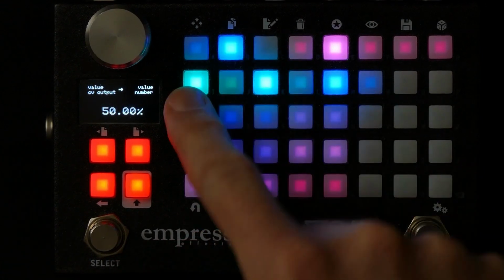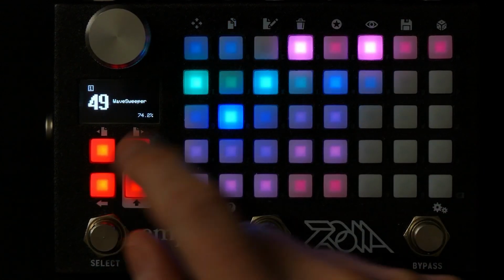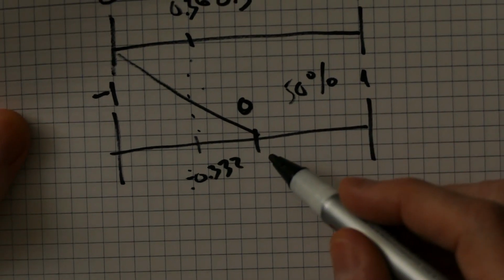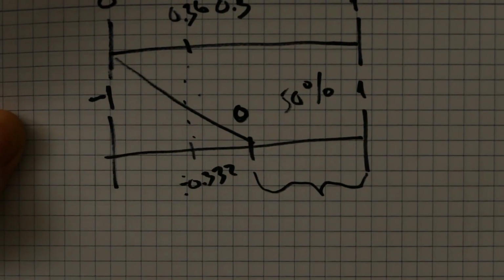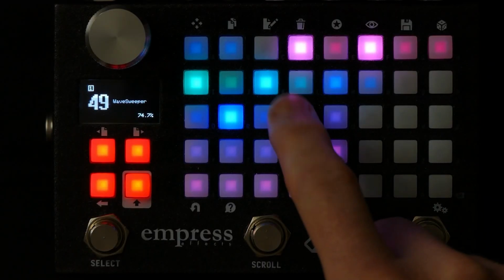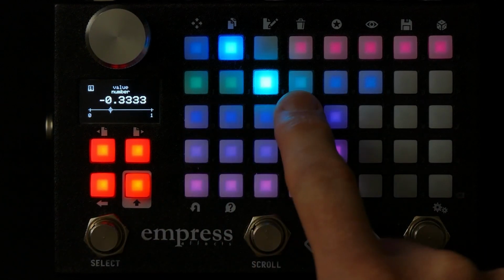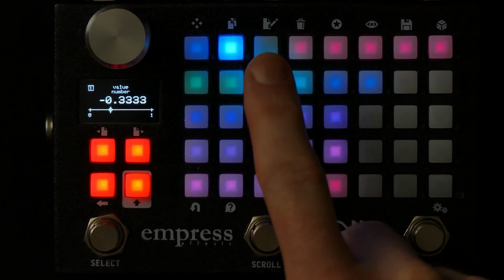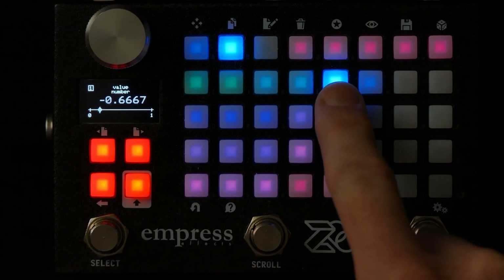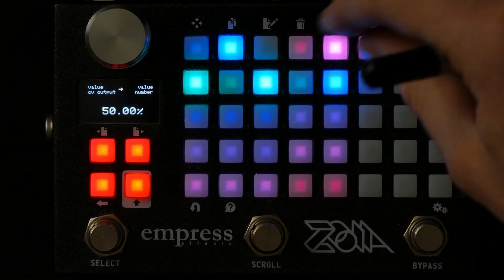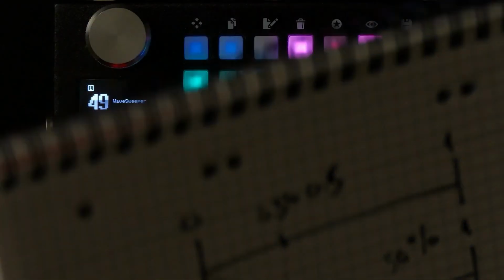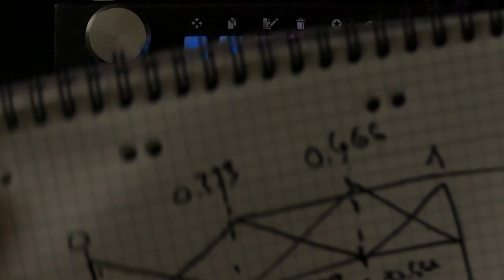So 50% there. And then I get a bipolar value that goes from 0 to 1 when this one goes from 0 to 1. And this allows me to have 2 additional value modules here with an offset of -0.333 and -0.6667, also patched up with 50% to control the 3 parts of this range.